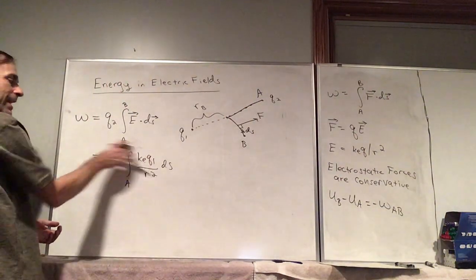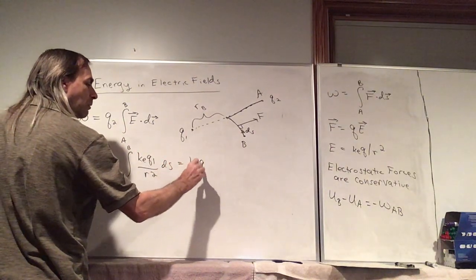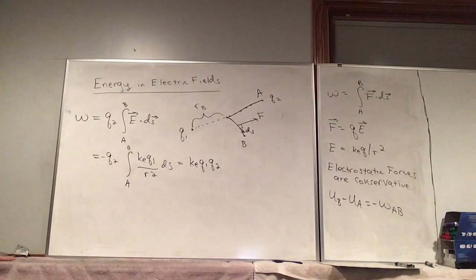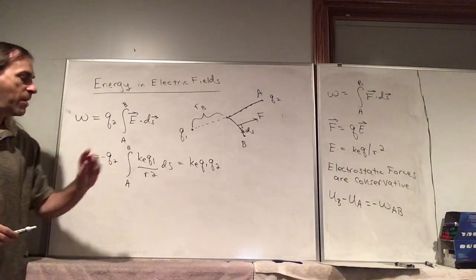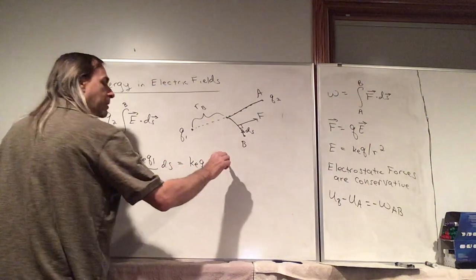So let's take these constants out. So we have Ke Q1 Q2, and we're going to replace ds with dr. So that'll cancel out that minus sign.